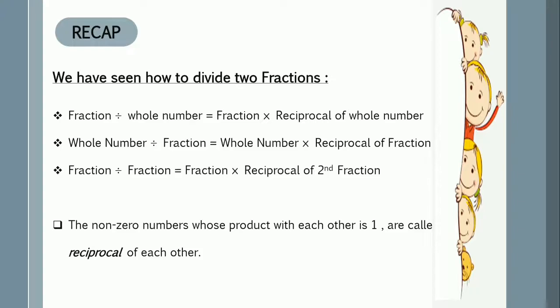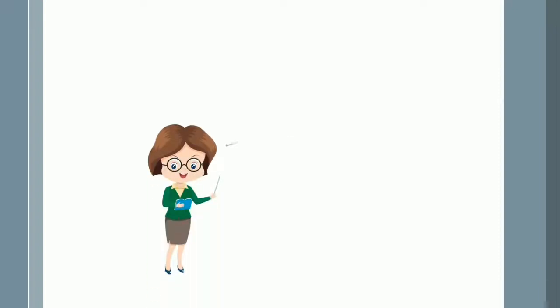Are you getting my point, students? Okay, good. So I have some questions and you have to answer them. It is totally based upon today's class. First one is 3 divided by 6/5. Here the first one is a whole number and the second one is the fraction. What will we do? We have to convert the fraction into the reciprocal of that one.